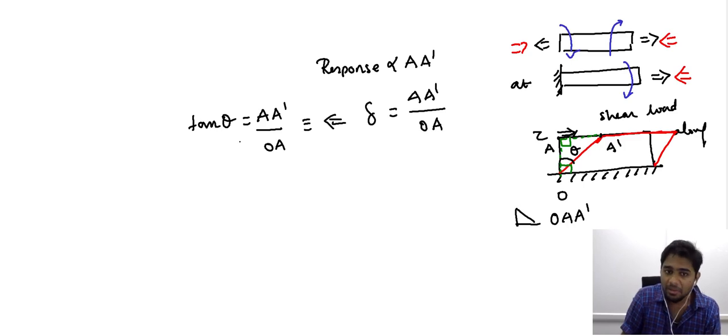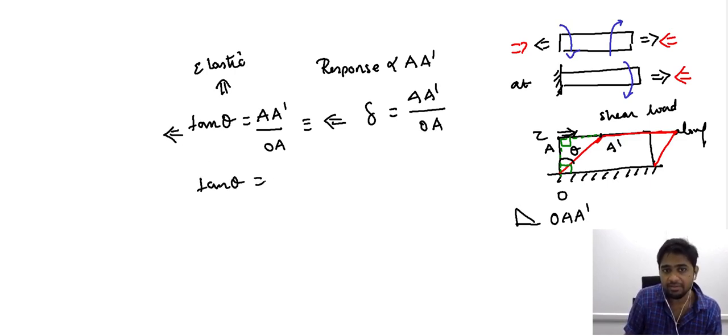And in most cases, since we are largely focusing on the elastic region, the shift in the corners is minimal and correspondingly the angle is close to zero. This tan theta, we saw, can directly be treated as theta, and therefore it is equivalent to that of the shear strain.